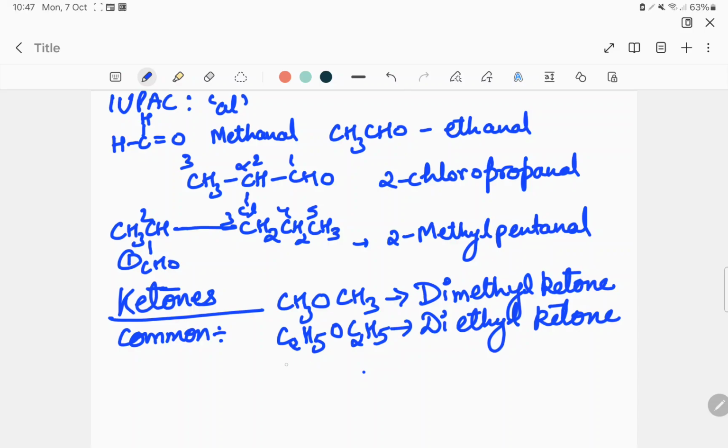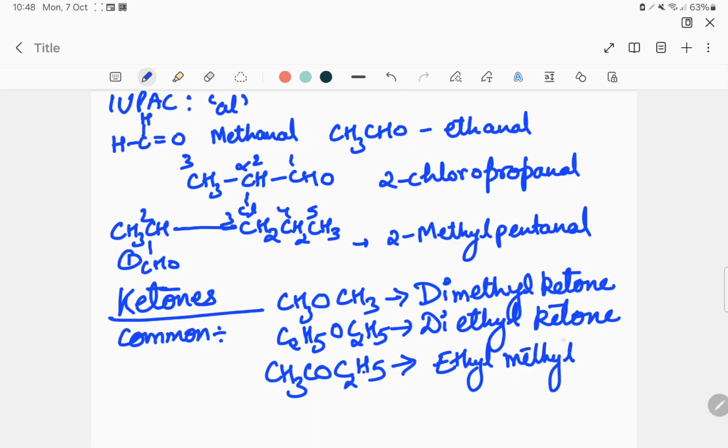If we have different alkyl groups like CH3 CO C2H5, this is known as unsymmetrical ketone or mixed ketone. So here we are going to name them alphabetically. This is going to be known as ethyl methyl ketone.